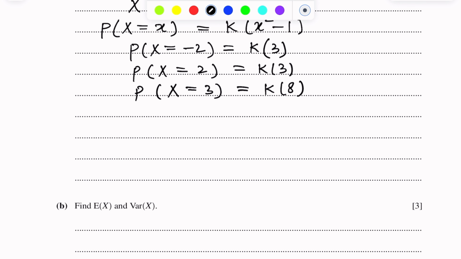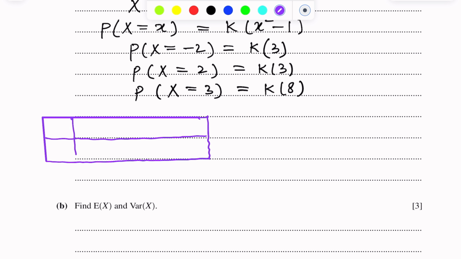Now we construct a PDF, probability density function, or probability distribution table. Here we write x, probability of x.